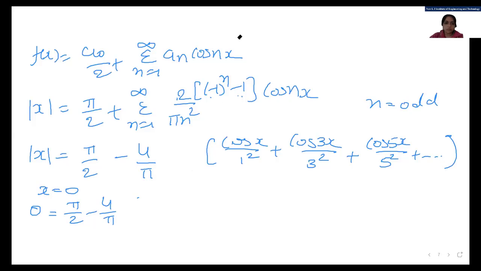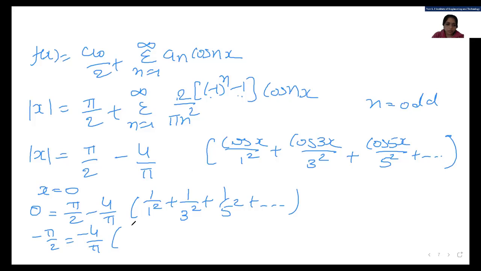So 1 upon 1 square, 1 upon 3 square, 1 upon 5 square, like that. And after simplification, if we take pi by 2 across, then this is minus pi by 2, right? Minus 4 upon pi, here 1 upon 1 square, 1 upon 3 square, 1 upon 5 square, and so on.